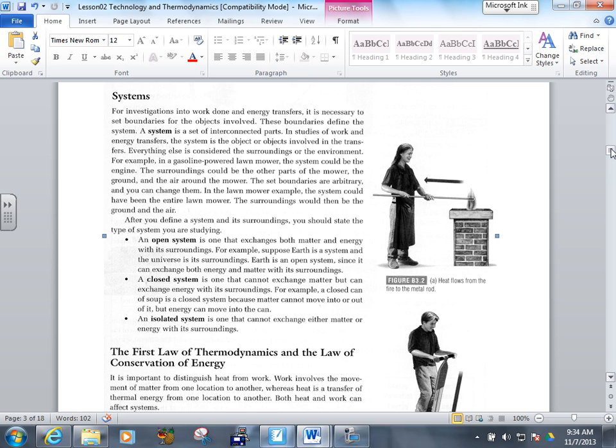Can energy flow from the system to the surroundings? Yes, if it's an open system or a closed system, yes it can. In an open system, the Earth is an open system. The universe is its surroundings. Energy does go outwards from the Earth into the surrounding area.